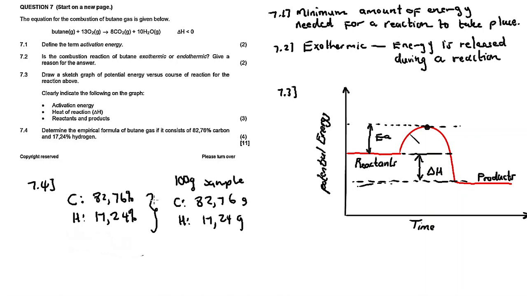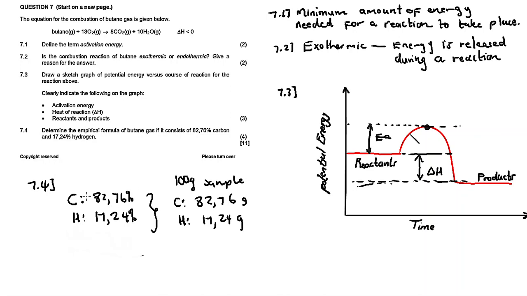So I basically change the percentages to grams. Why do I change it to grams? Because when I calculate the empirical formula, I need to change the percentage shares to moles. I can only calculate the empirical formula using the number of moles.